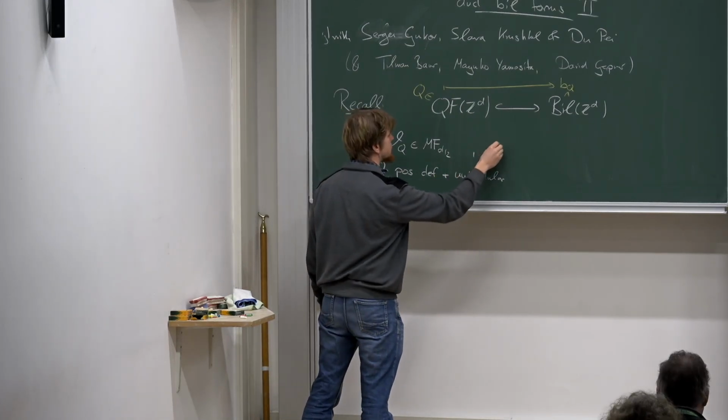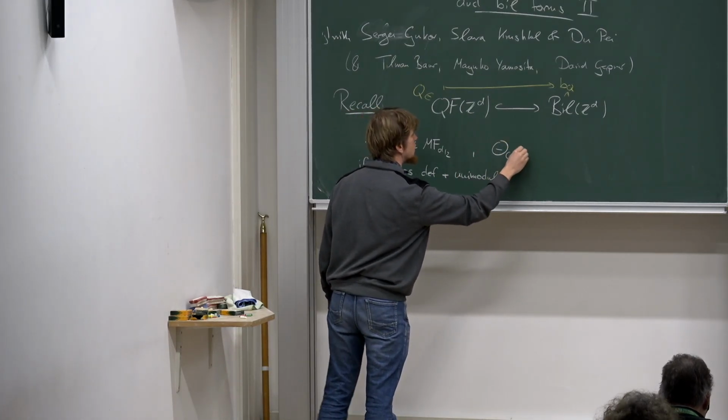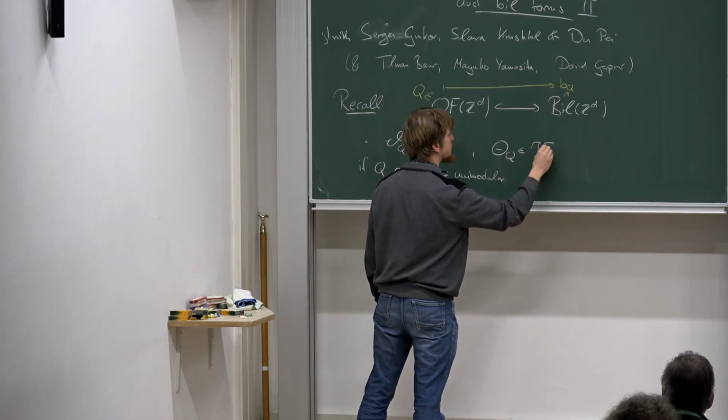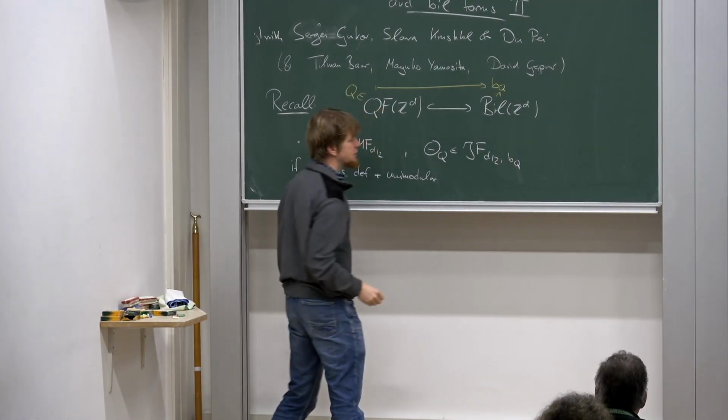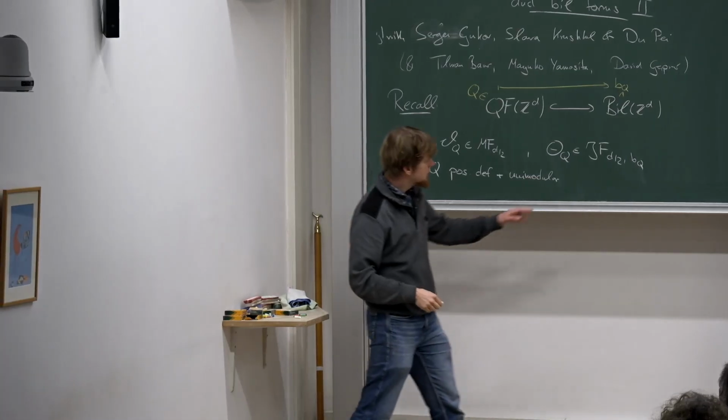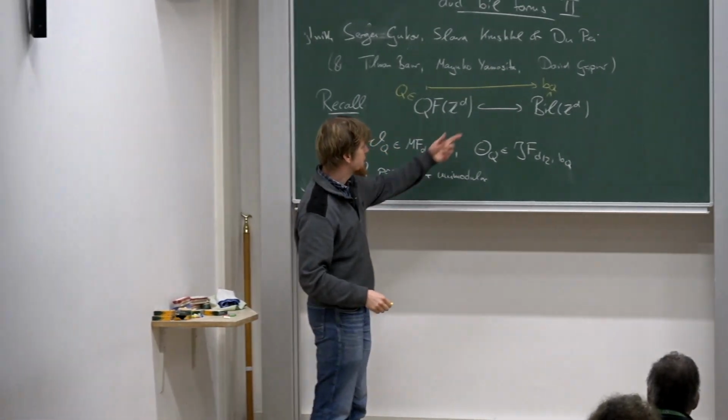And then there was also this other theta function, theta_Q, which was a certain Jacobi form of weight d/2, and this had this index. It also depended on the index, which is a bilinear form.